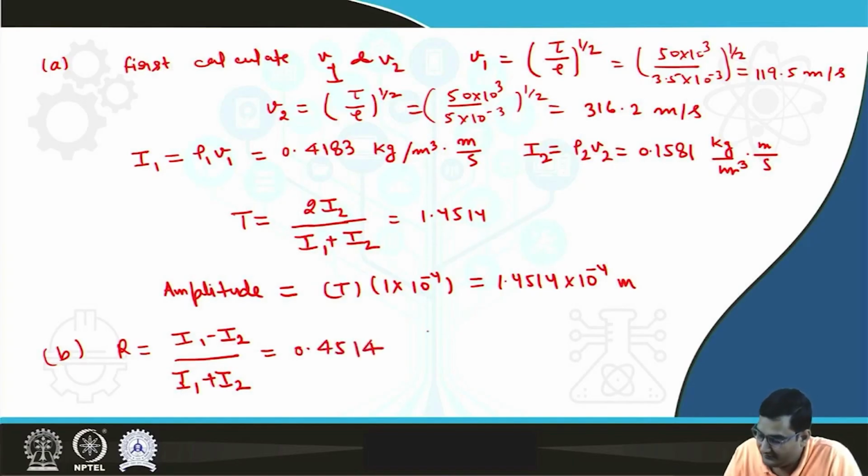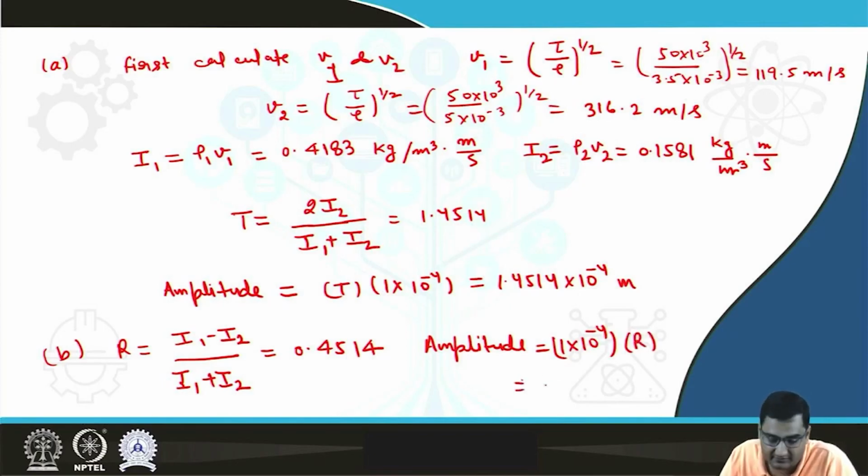To calculate the amplitude, it will be equal to 1 into 10 to the power minus 4 meter, the initial amplitude of the incident wave, into the reflection coefficient, and that will come out to be 4.514 into 10 to the power minus 5 meters.